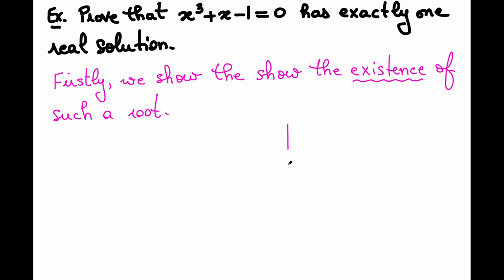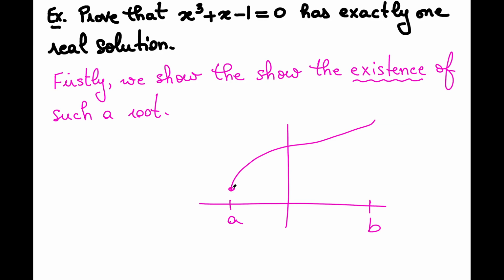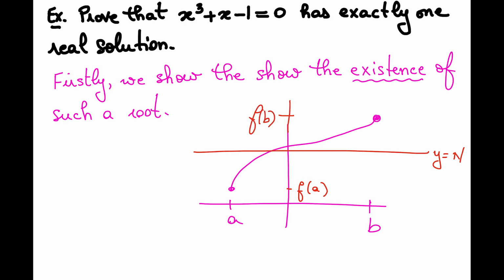It says that if you have a function which is continuous between a and b, and f of a and f of b are not the same, then no matter what height n you take in between f of a and f of b, there exists a number c, or alpha, in between a and b such that f of alpha is equal to n. Correct? This is the intermediate value theorem.